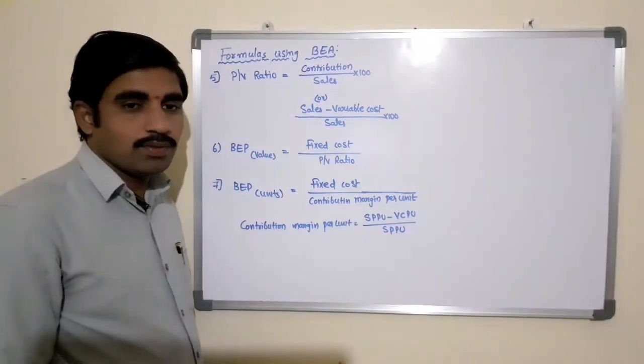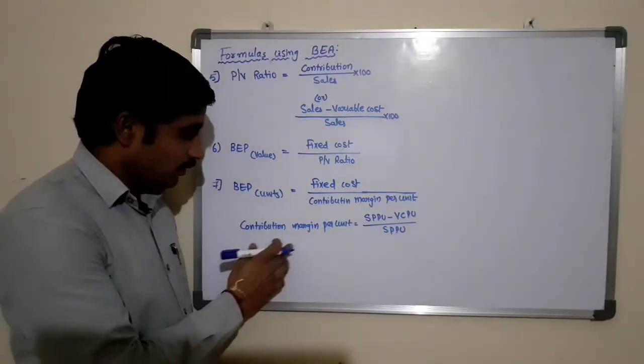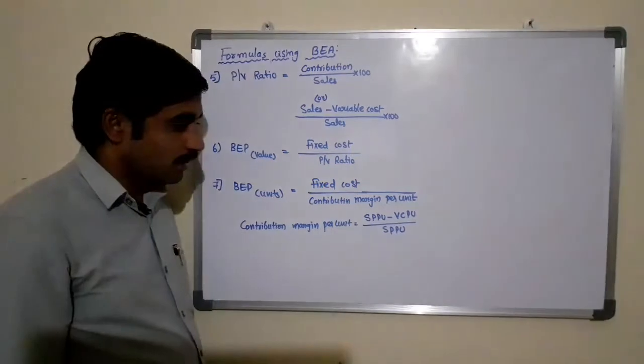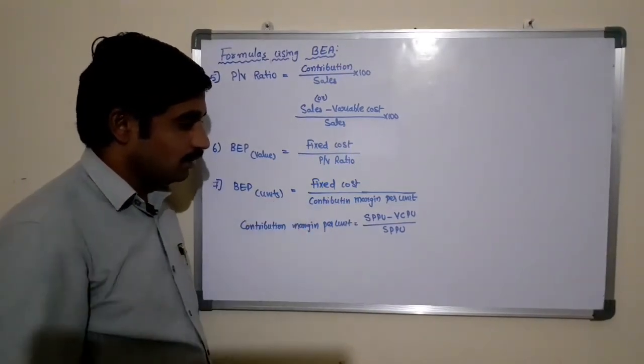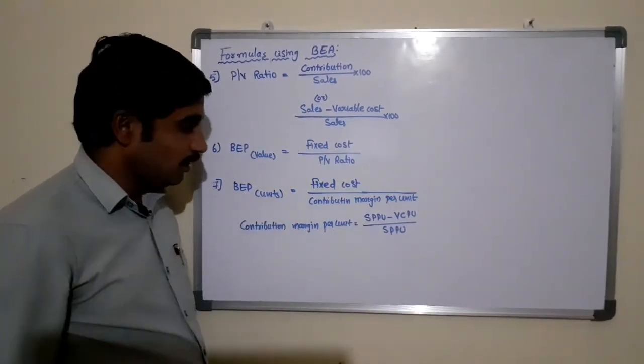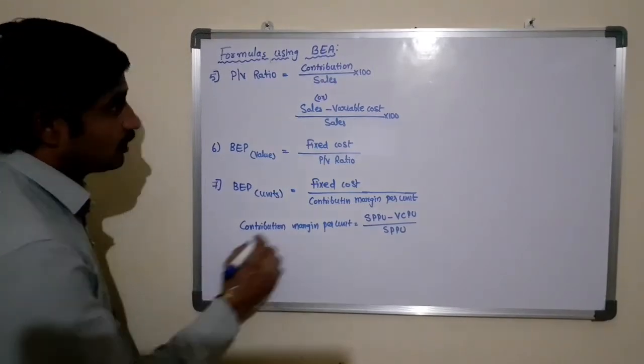This is the formula for calculation of contribution margin per unit. Then you need to apply in the formula BEP in units. Next step.